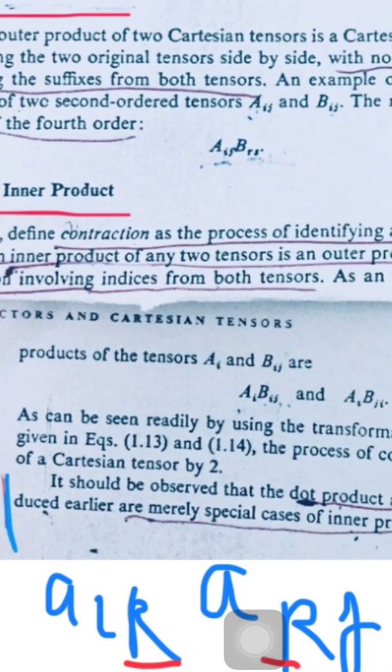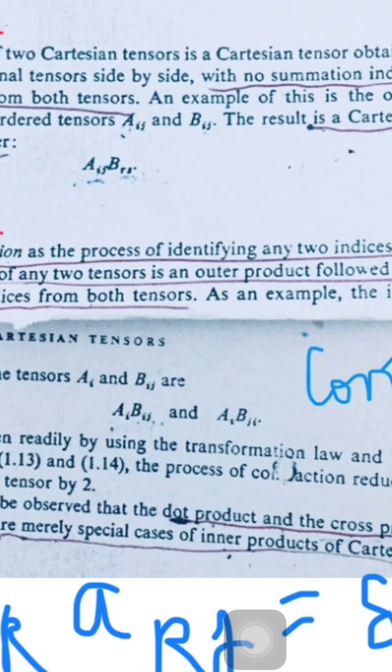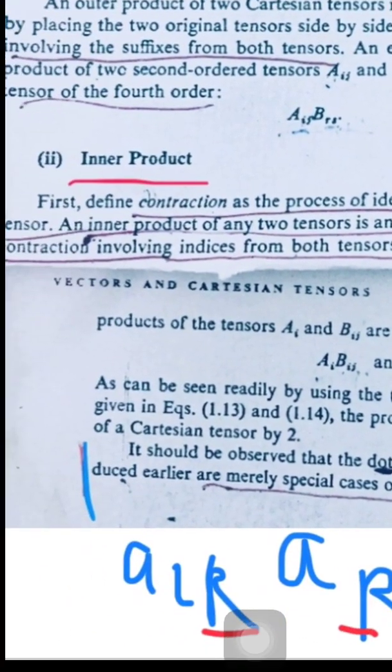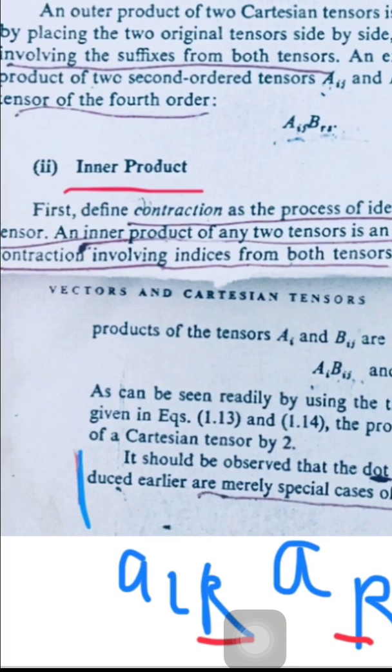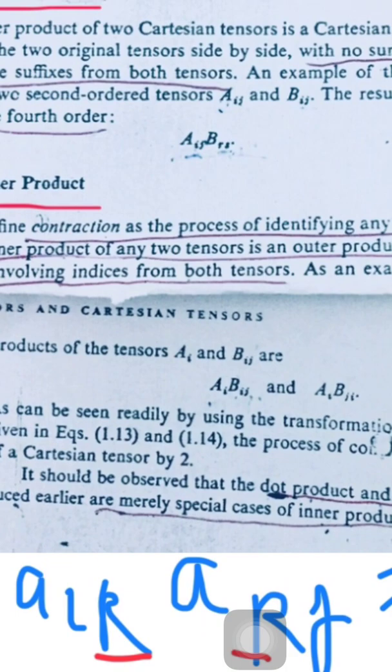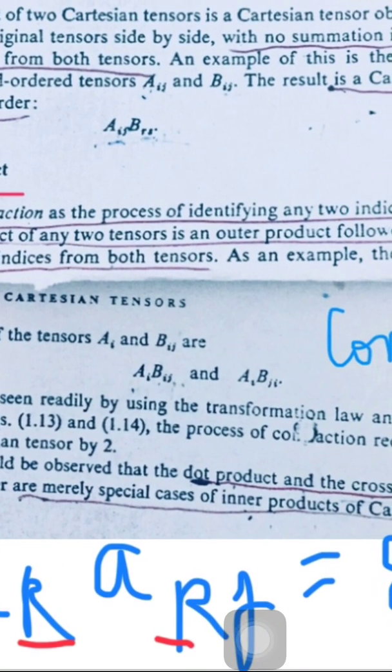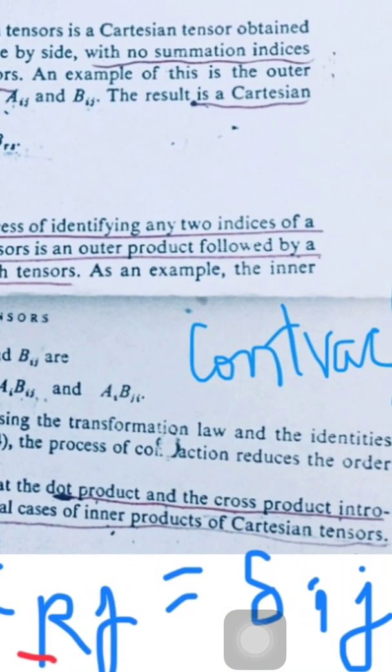An inner product of any two tensors is an outer product followed by a contraction, meaning the same indices are contracted, and due to this contraction the order of the tensor becomes less than the original outer product tensor. This is the main difference between outer product and inner product. Here the total order is less than the original order.